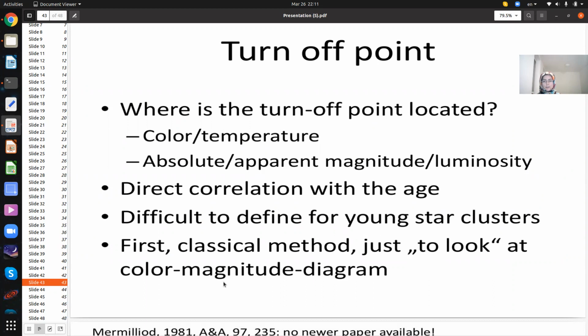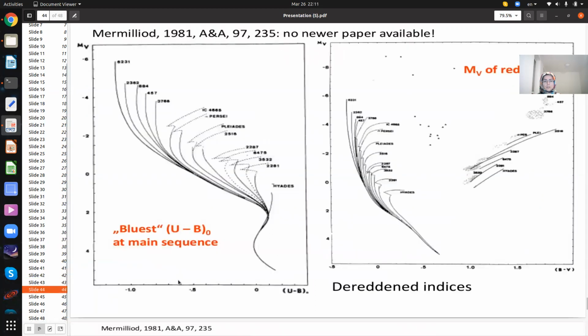First, the classical method is just to look at the color magnitude diagram. Also here, you see the turn-off point and the visual magnitude of red giants. And these are dereddened indices.